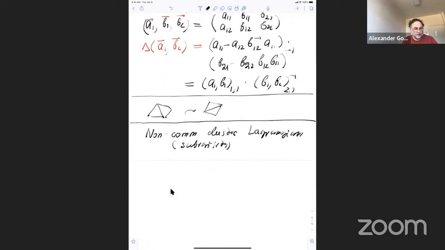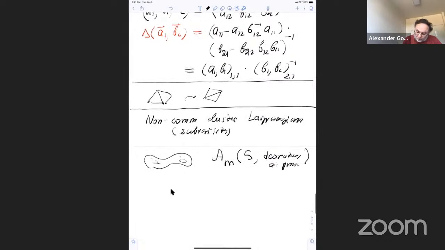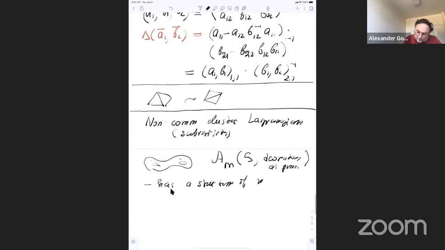So the general situation is the following: if you have some surface, maybe it has punctures, and then you consider the moduli space of these m-dimensional local systems on the surface with some decorations at punctures, then this space has a structure of a non-commutative cluster A variety.